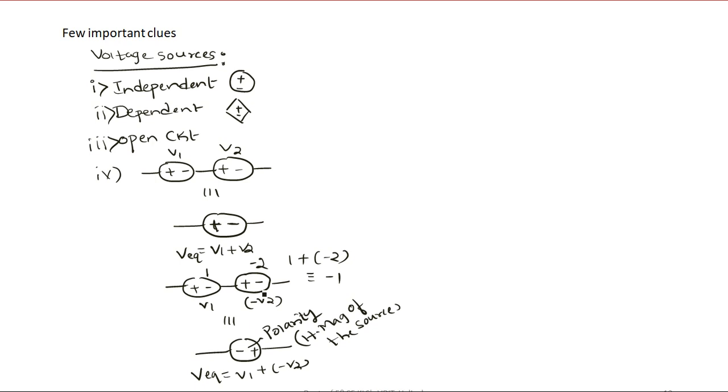Okay, so the same thing if it is like 2 and 1. For this case, the polarity will be 2 plus of minus 1, that is nothing but positive 1, plus and minus. So this is how the polarity will change. So this you have to keep in mind. Is that clear to everyone?